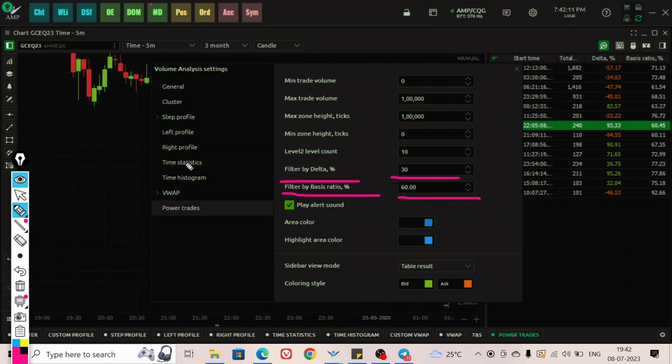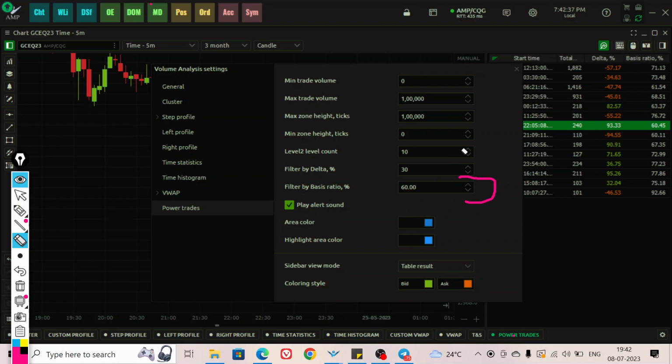As I'm currently looking at the gold chart, as per my backtest and experience, you can choose above 60 and that is going to give you a very good result. If it is around 90, that is also going to give you a very good result, but above 60 is going to give a good result too.